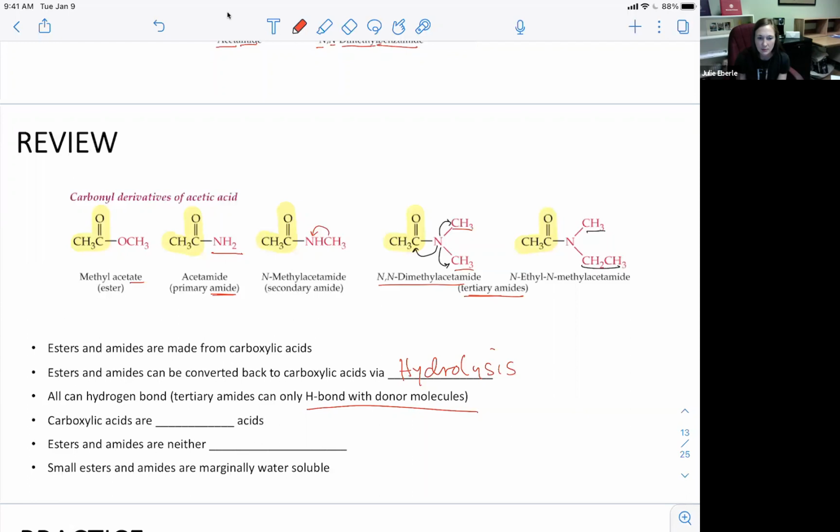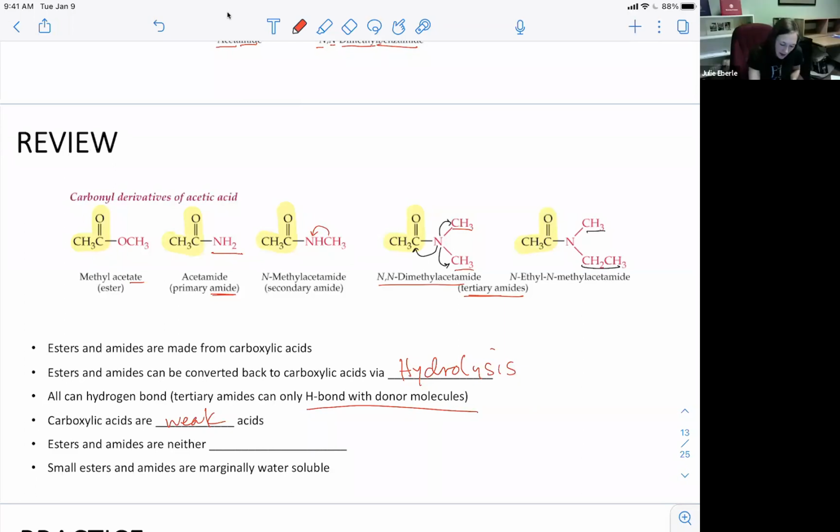What do y'all think this next blank is? Carboxylic acids are weak acids. What about esters and amides? They are neither what? Is it acidic or?